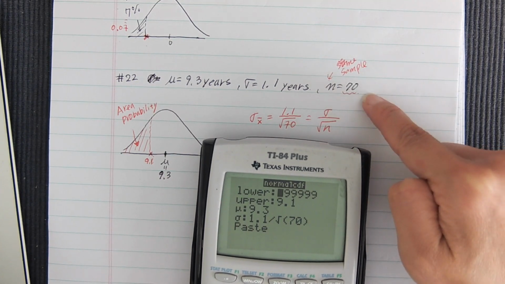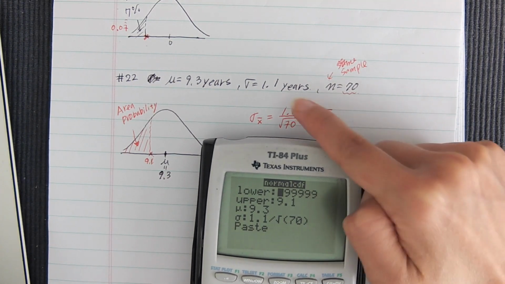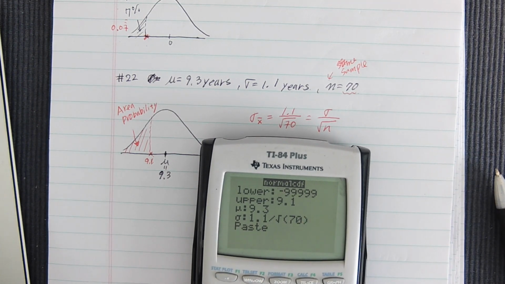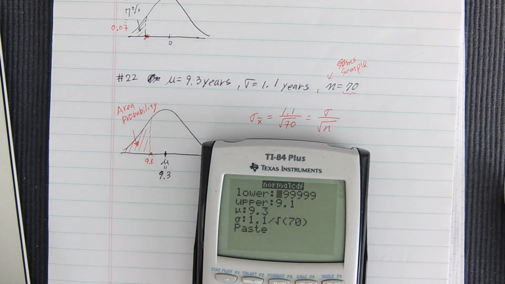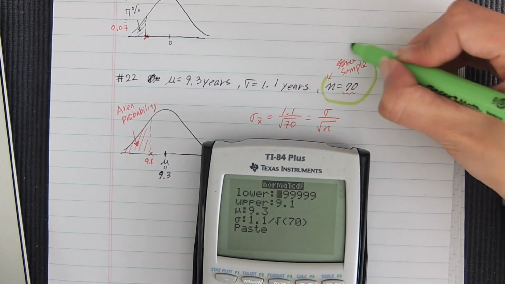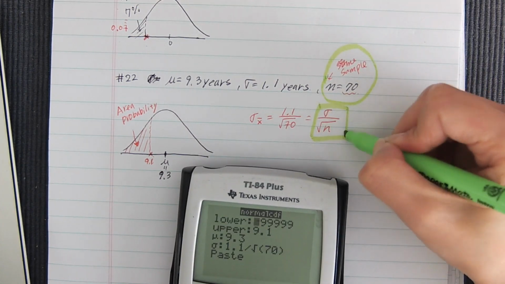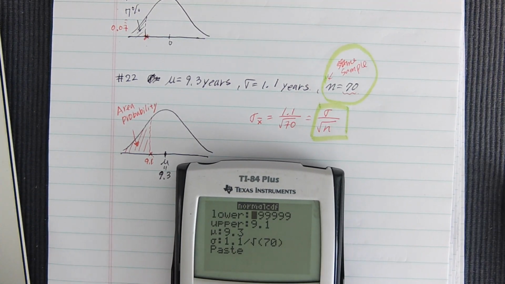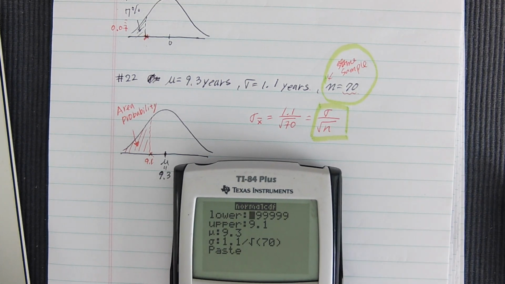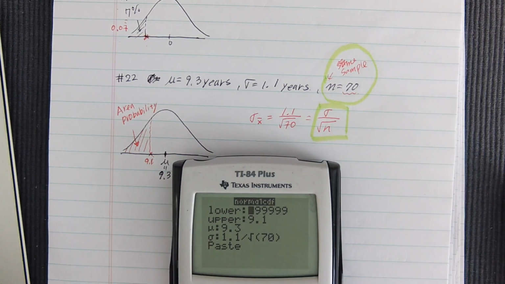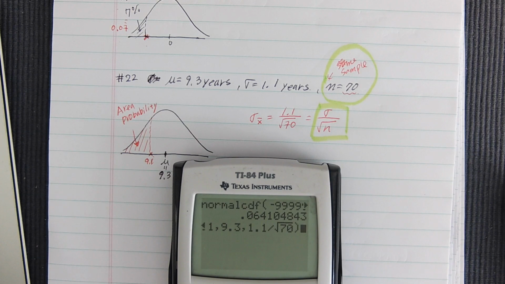So you have to type in 1.1 divided by square root of 70, if you have a sample. So that's the formula. Are you guys okay here? Then you just paste it and you get the answer.